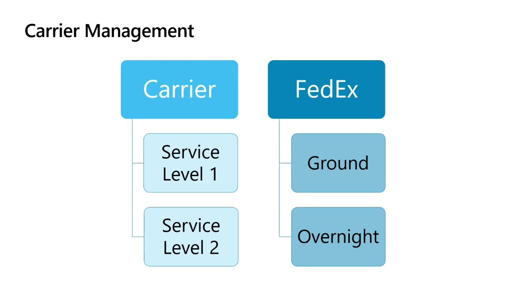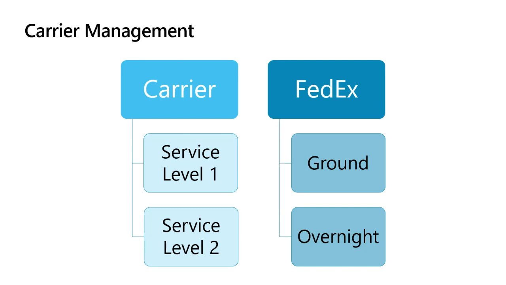And then one more graphic to show what our carrier management setup might look like. So I've chosen this graphic here, and on the left-hand side, you can see that we've got the carrier at the top, and we've got this kind of parent-child relationship between that carrier and the service levels that they use. And so I've included an example on the right-hand side of a parcel carrier.